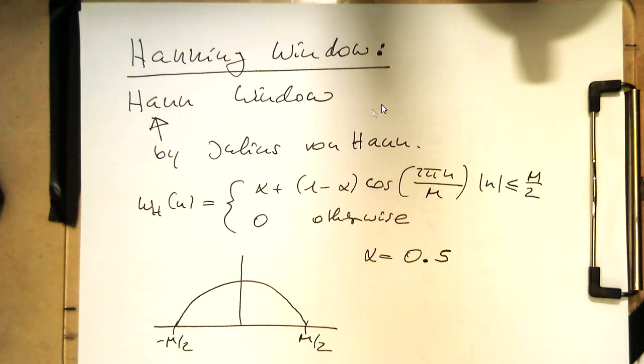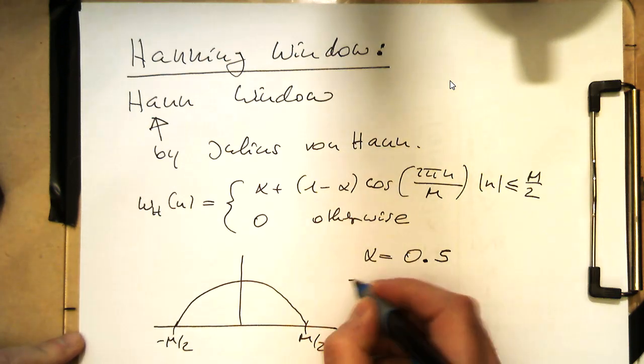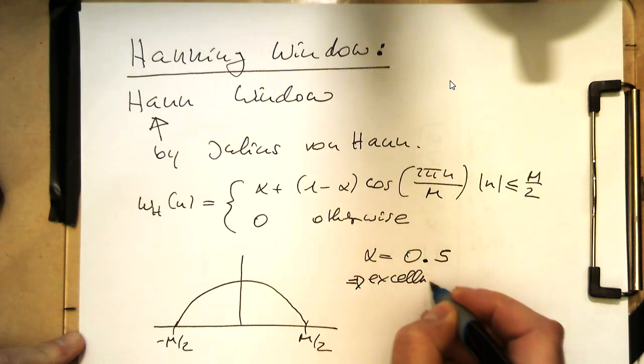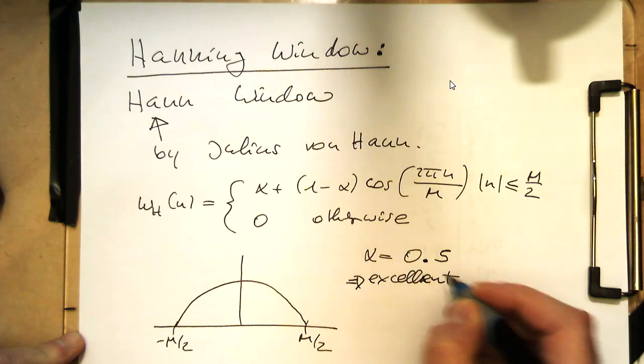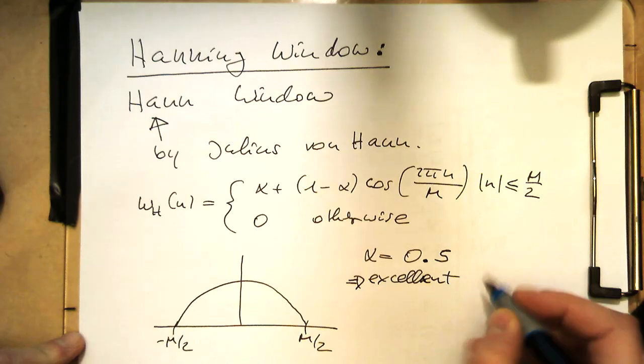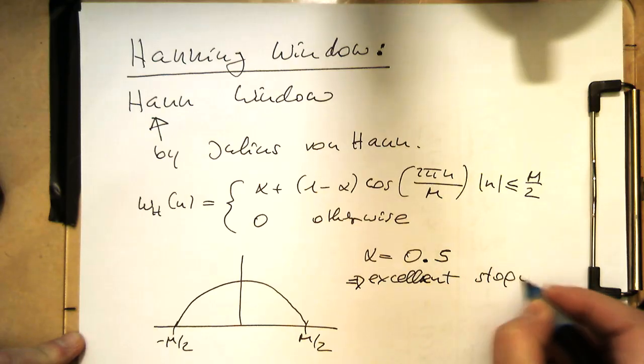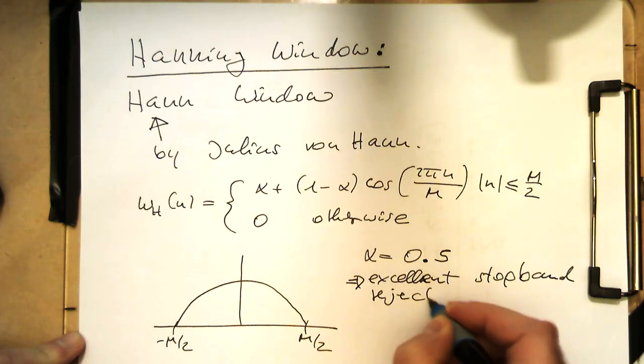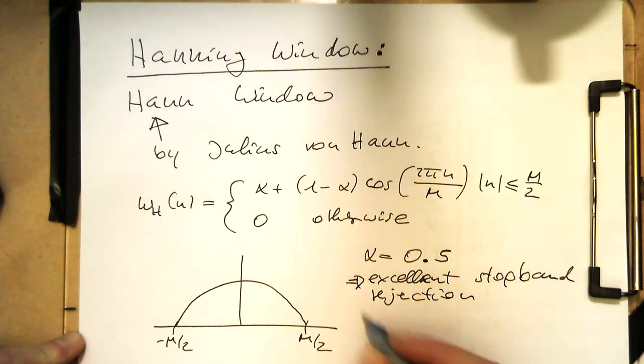And so we see already, if I get rid of this here, that we have an excellent stop band rejection. But we trade this in with a wider transition width.